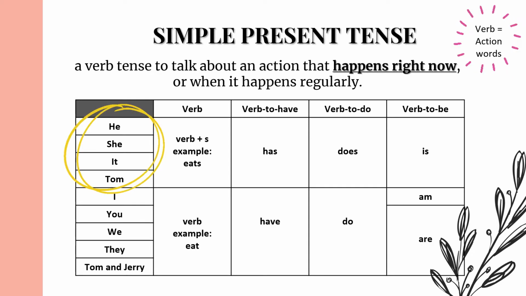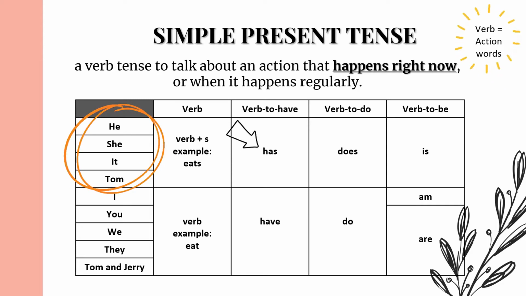Okay, here is the subject: he, she, it and Tom. For the verb, we need to put S. For example, he eats, she eats, it eats, Tom eats. For verb to have, we use has.